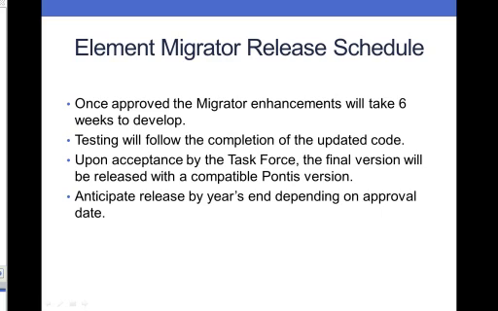The testing TAG will test the updated code both on the migrator side and the Pontis side, and we're hopeful that the migrator will be done by the end of the year. Then we'll coordinate with Jeremy and his team to get the needed updates made on the Pontis side also for that integration.